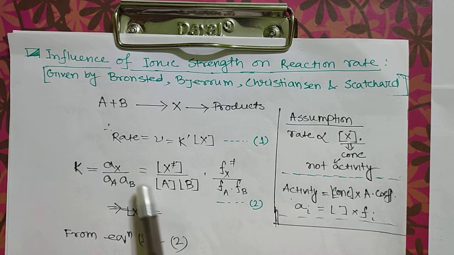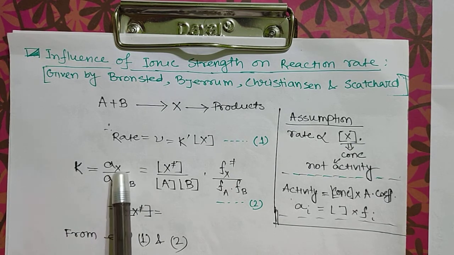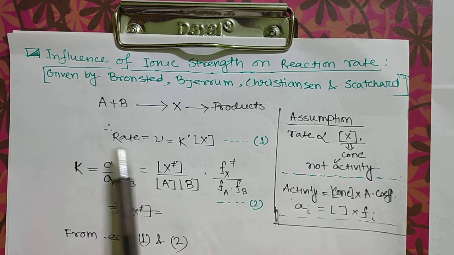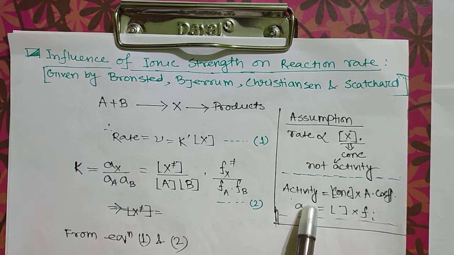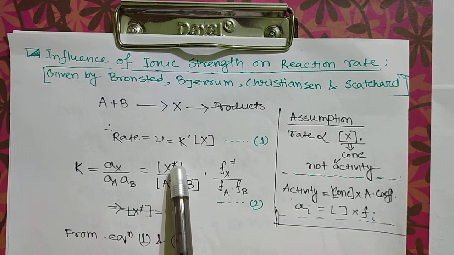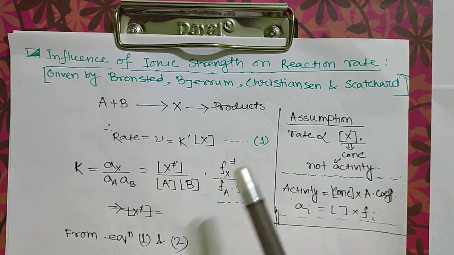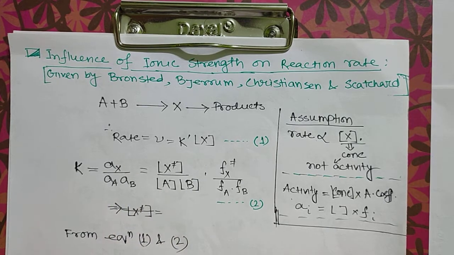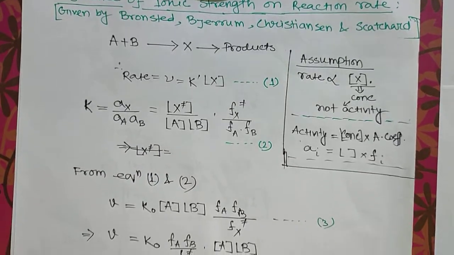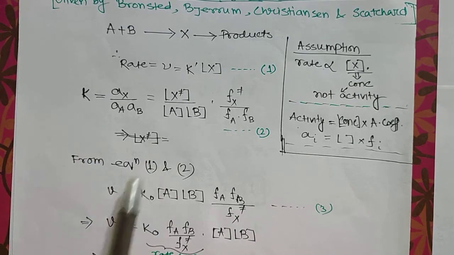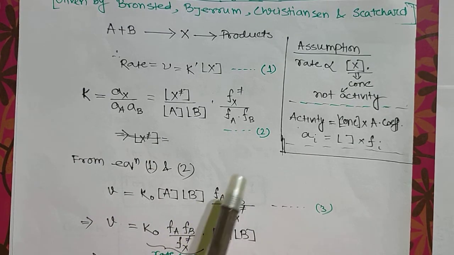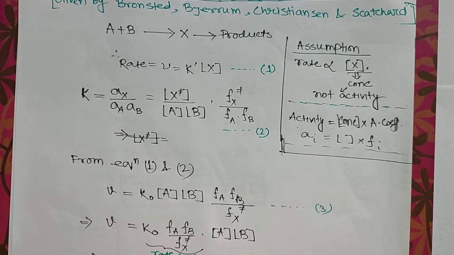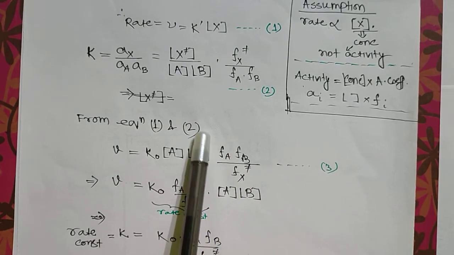Now from here we can see that K equals the activity of X over the activities of A and B, the equilibrium constant. We put in the values, since activity equals concentration times activity coefficient, for every term. From equations 1 and 2 we can write rate equals K naught times concentrations of A and B times fA fB over f X hash.